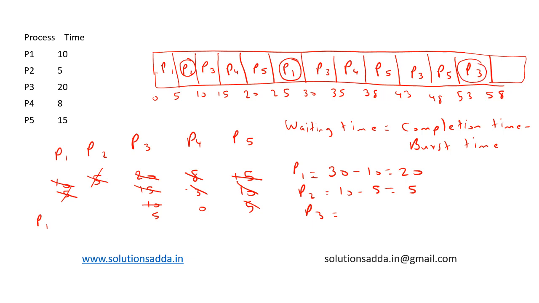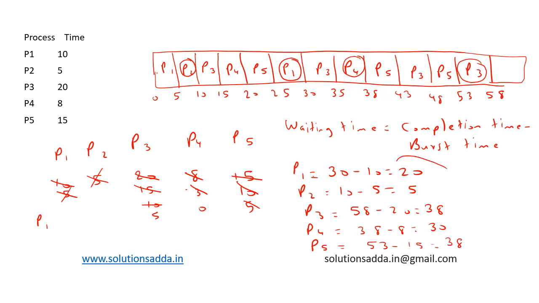It is the last process to be completed. 58 minus 20, which is equal to 38. For P4, this is equal to 38 minus 8, which is equal to 30. Now for P5, this is 53 minus 15, which is equal to 38.